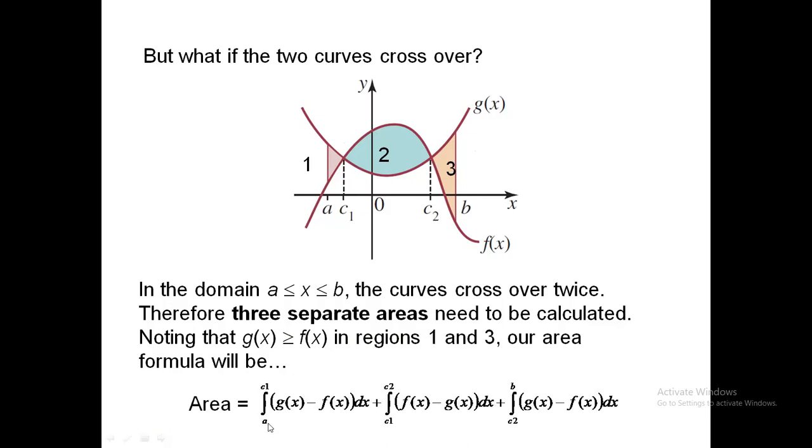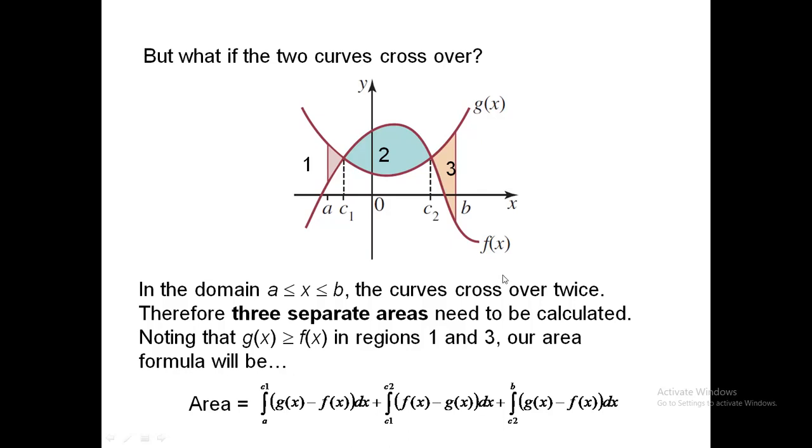So for this region bounded by a to c sub 1 for the x, it should be g of x minus f of x dx. For region 2, that would be f of x minus g of x because f of x is higher, bounded by c sub 1 to c sub 2.